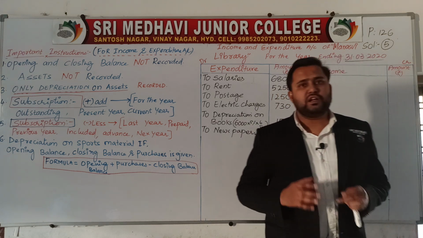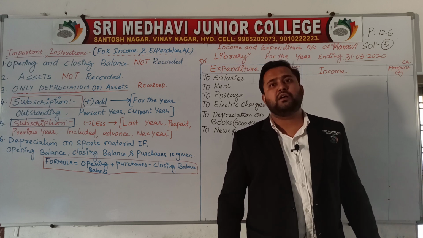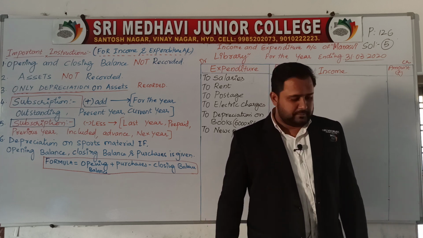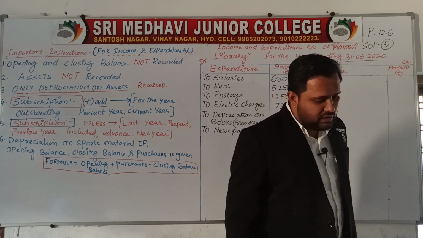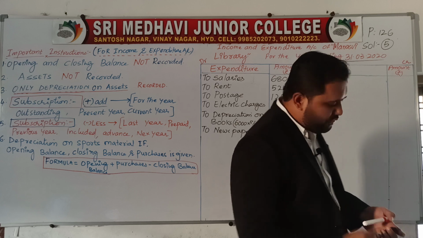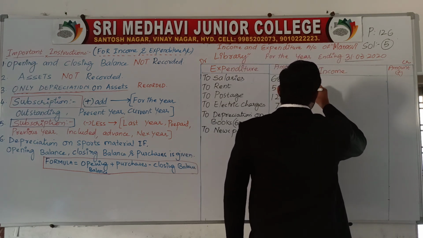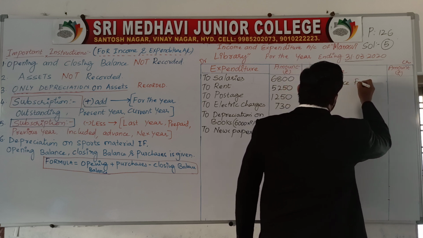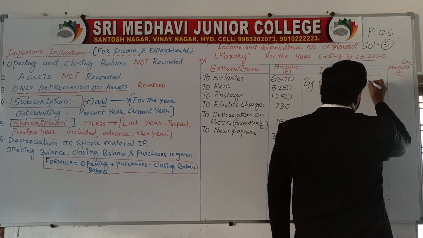On receipt side, balance brought down is given. Opening balance is also not recorded. Closing balance is also not recorded. So leave it. Entrance fee, we are having an adjustment on it. 3,500 rupees is given. First of all, you have to write by entrance fee, 3,500.